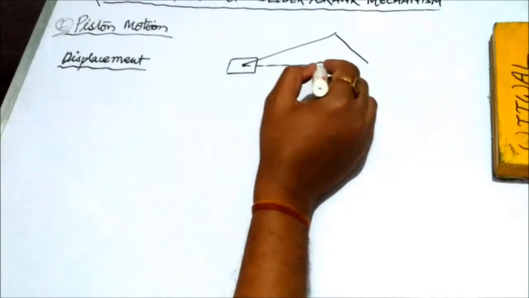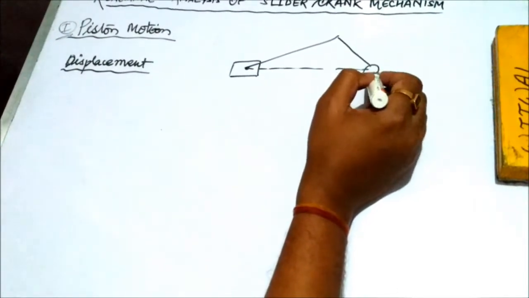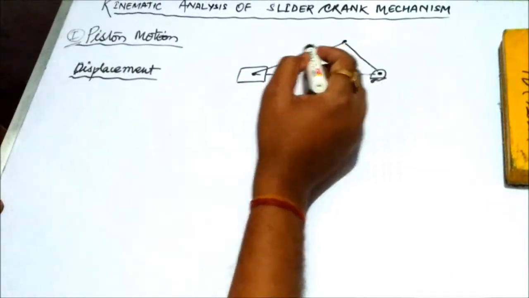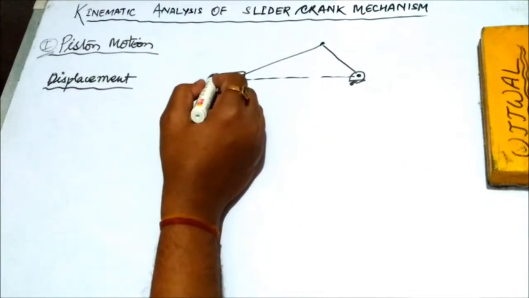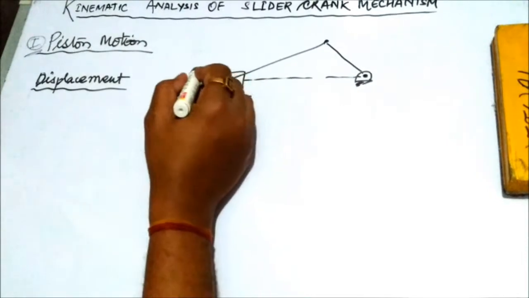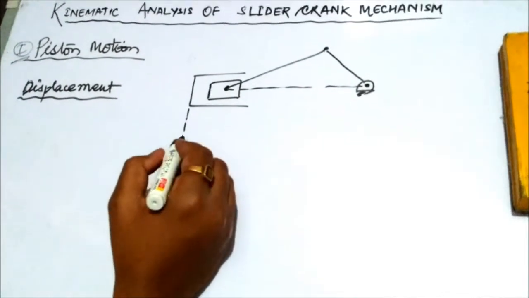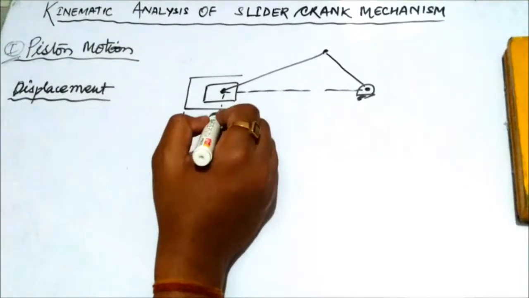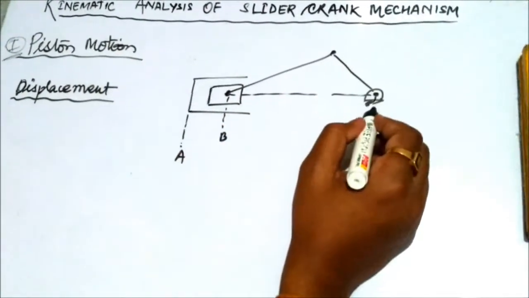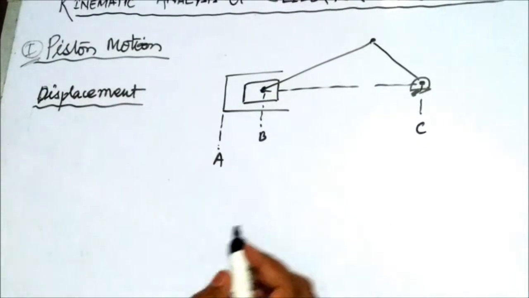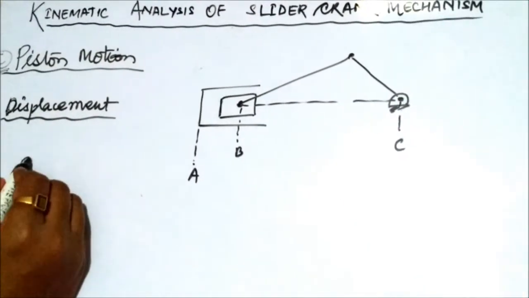In the problem we will be given the length of connecting rod, length of crank, and theta or beta, any angle from inner dead or top dead center, or if it is not given from inner dead or top dead center, we will convert it.